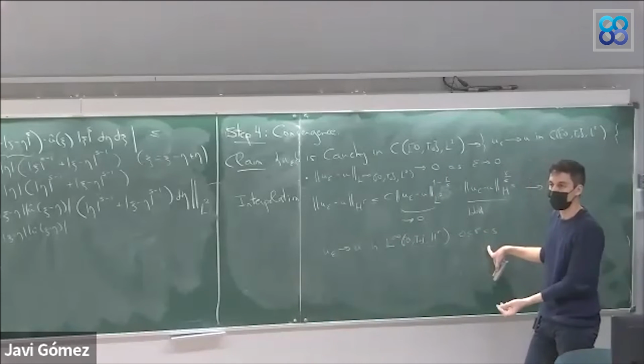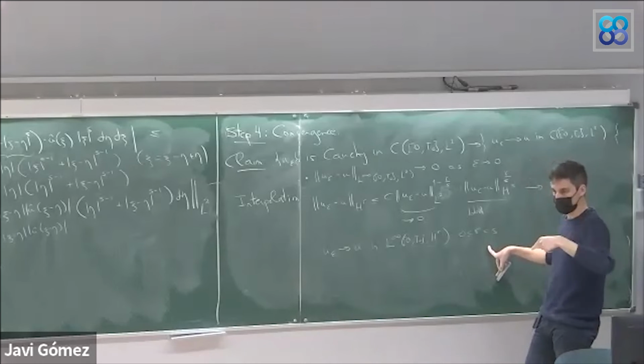We will need this because in the nonlinearity, when we want to show that the limit object is a solution, we have u grad u. So we will need a strong convergence for grad u.